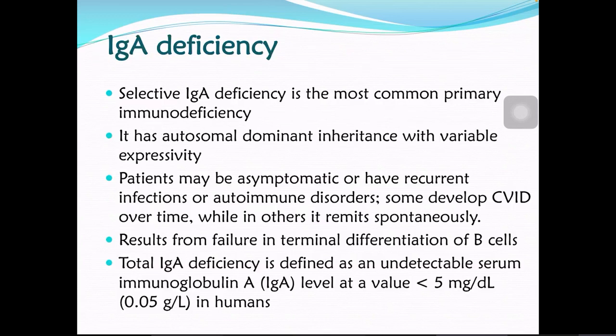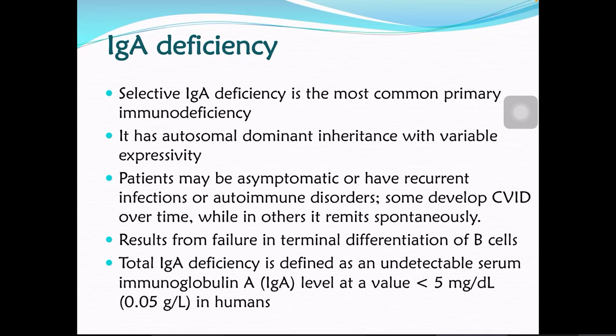Right, we are moving to the third entity, which is of course the commonest primary immunodeficiency. That is the IgA deficiency. It has an autosomal dominant inheritance and it has variable expressivity. So therefore, some patients may be completely asymptomatic, whereas some patients might have recurrent infections, or like in CVID, they can develop autoimmune disorders, and some patients with IgA deficiency can sometimes develop CVID over time.